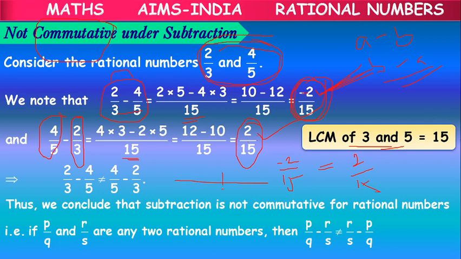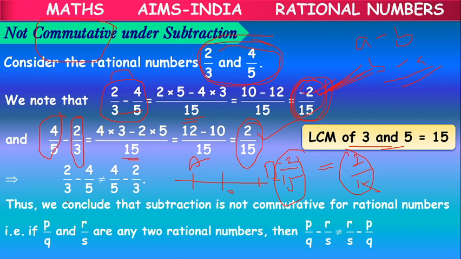On the number line, one is on the left of 0, one is on the right side of 0. They represent two different locations, two different positions. So they are different because there is a change. Our numerator is the same, denominator is the same, but on the whole there is a change in the sign of the rational number. That's why we have to treat them as two different rational numbers.